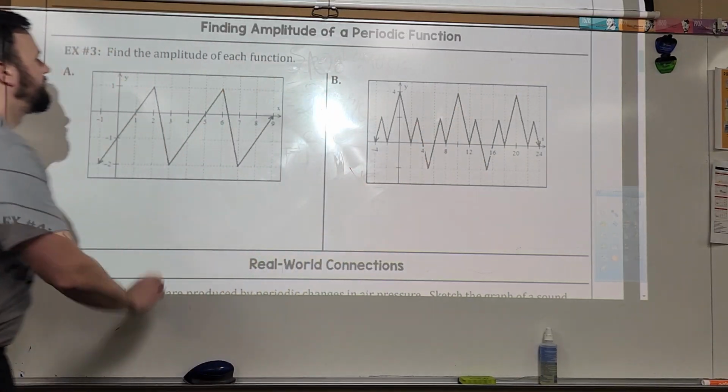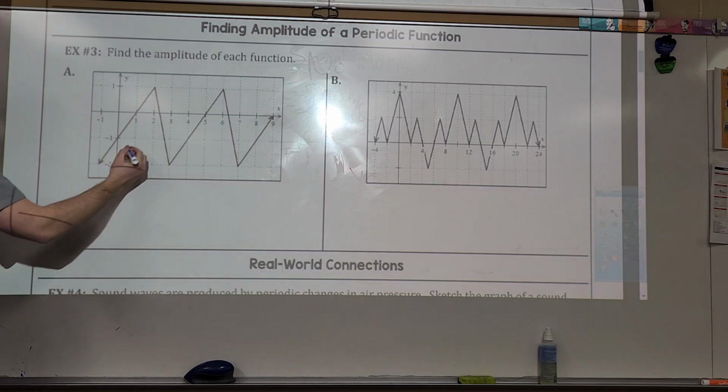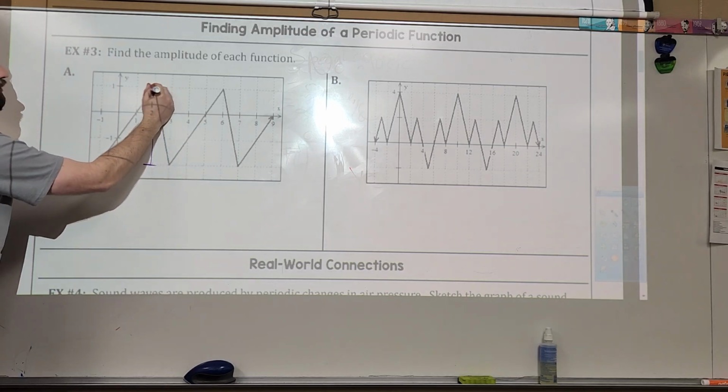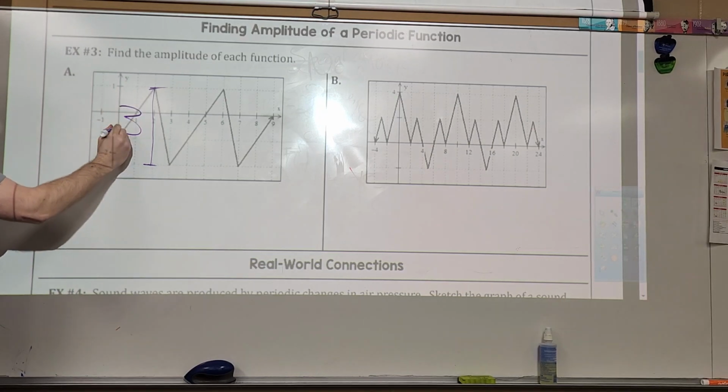All right. Find the amplitude of each function. Now, these aren't as easy to see, but what I tell you for amplitude, what do we find? Find your total height, right? So what's my total height of this function from top to bottom? 3.